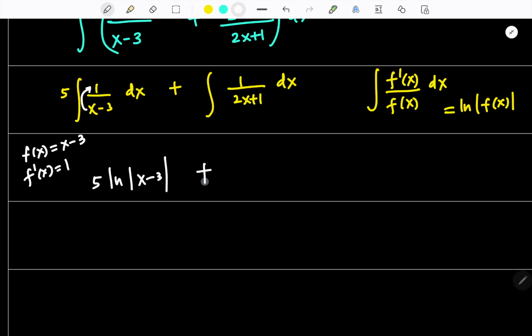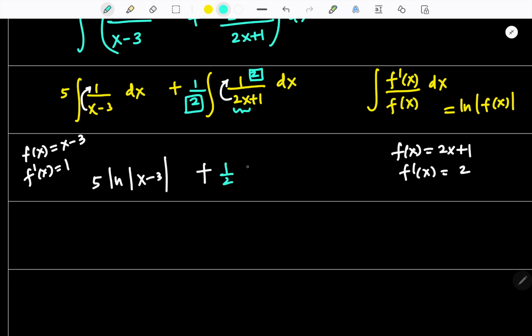And then plus. Check it out here. The f of x is 2x plus 1. What is your derivative f dash of x? 2. Is the 2 on the top? No. So I can adjust, multiply and divide. What's the derivative of 2x plus 1? 2 plus 0.